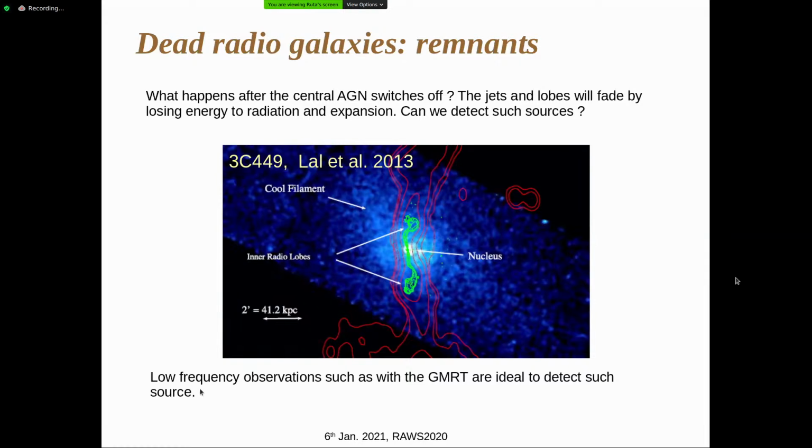The energy loss is proportional to the square of the energy of electrons and the magnetic field squared. So higher energy electrons lose their energy faster, and this can be translated to saying that your high frequency emission will go down faster than your low frequency emission.